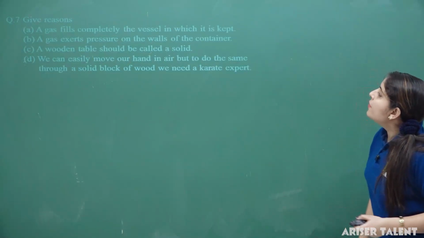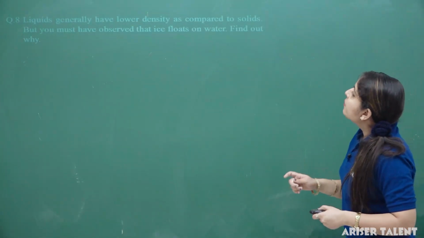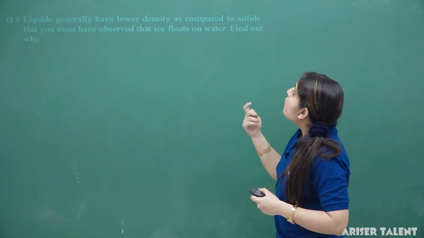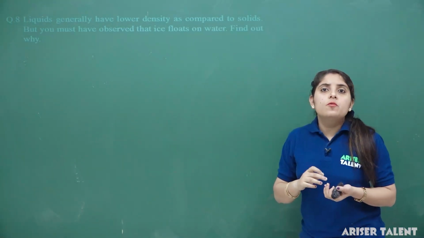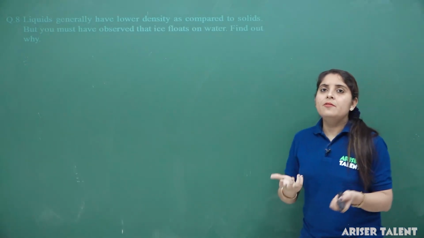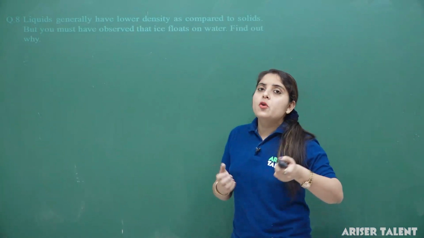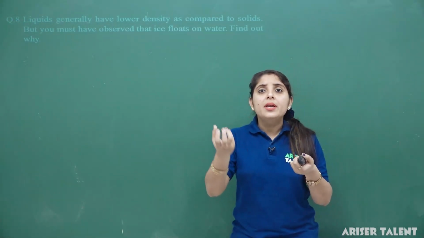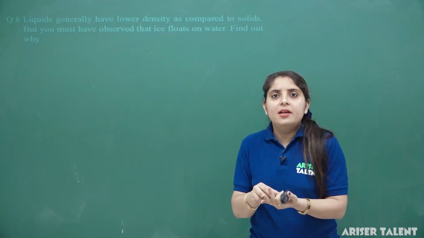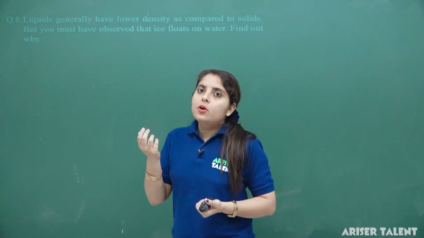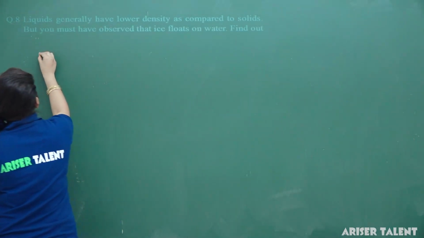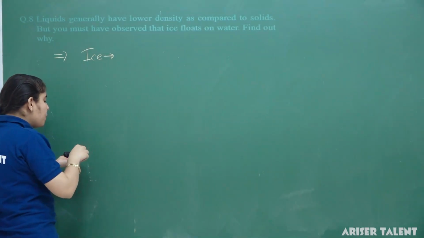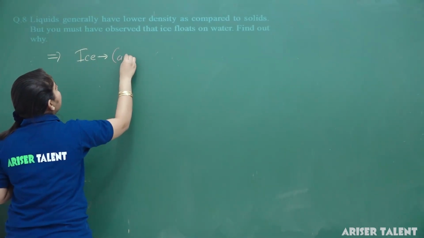Now we are on our next problem. Liquids generally have a lower density as compared to solids, but we have observed that ice floats on water. So if liquids have low density and solids have greater density, then why does ice float on water? It means it has to settle down at the bottom of the container, but this actually does not happen, because in case of ice we have a cage-like structure.